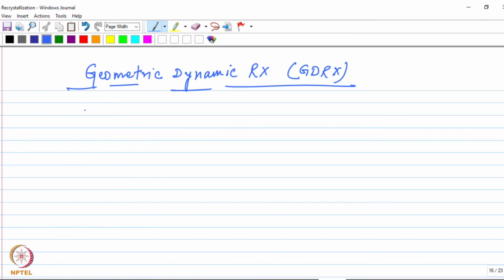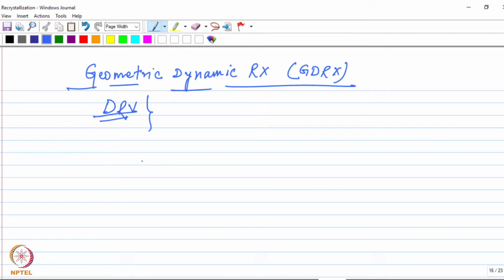So here also it starts with the dislocation rearrangement into subgrain boundaries. The dynamic recovery process, or the DRV, will again come into play over here.